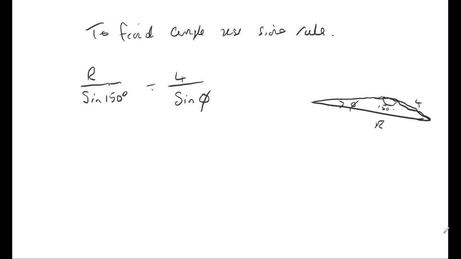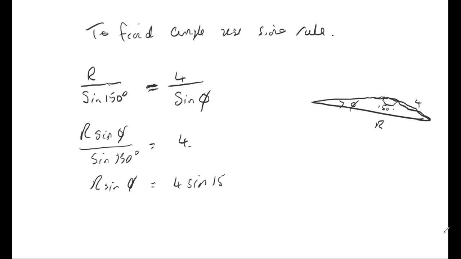And then we've got to rearrange this. We've got to bring sine theta over to the left-hand side, and then sine 150 can come over. So we have R sine the angle is equal to 4 sine 150.